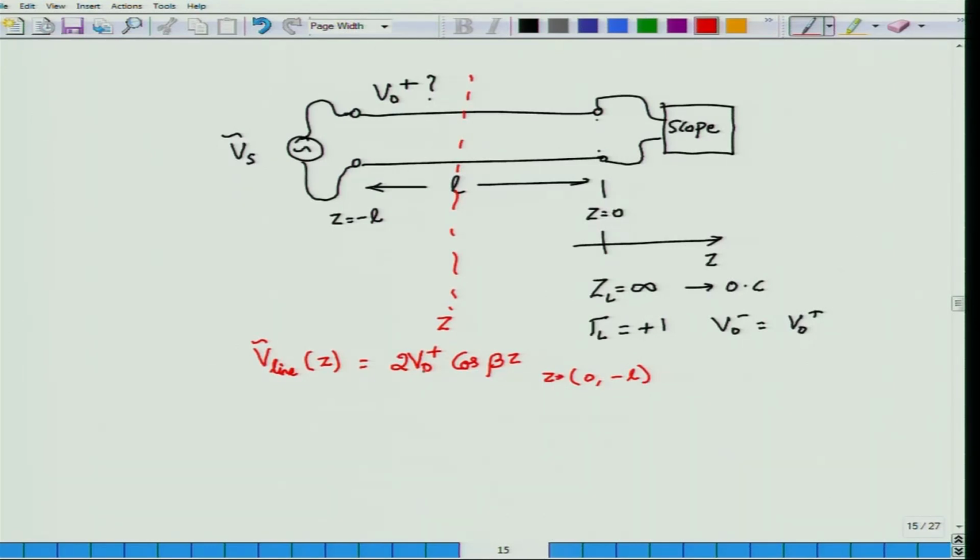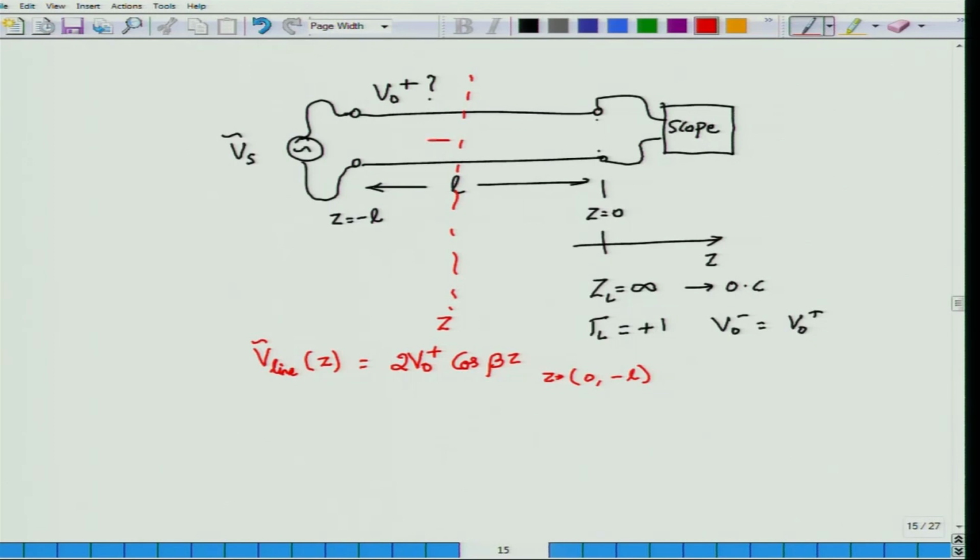If you do not recall how we obtained 2 V0 plus cos beta Z, I suggest that you review the earlier modules wherein we have actually derived this particular condition. Now, what is the line voltage? Line voltage is essentially the voltage at any point on the transmission line.